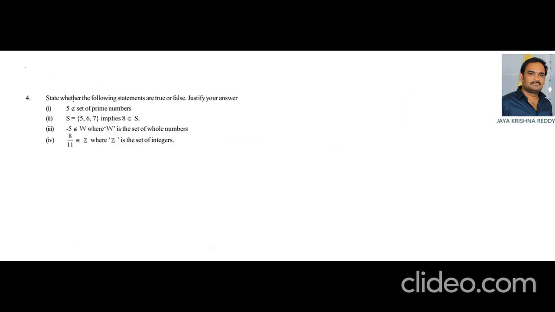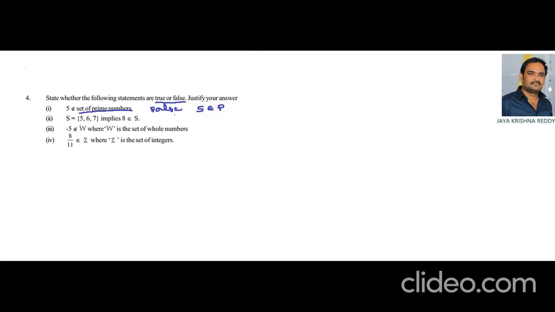And fourth one, state which of the following statements are true or false. Justify your answer. First one, here 5 does not belong to set of prime numbers. The statement says that 5 does not belong to set of prime numbers, but this is false because 5 is a prime number. So it should belong to the prime number set. But here it is given as does not belong to.